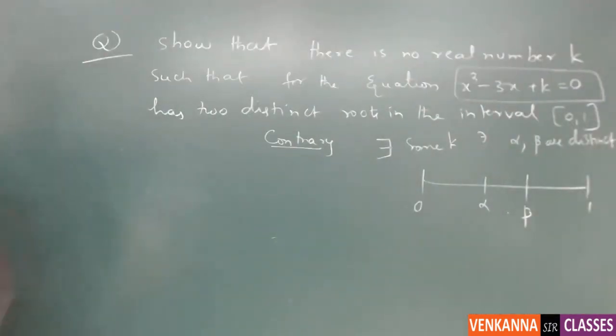Let us assume that. So I have found a real number k such that if I have calculated the roots of the equation x cube minus 3x plus k equal to 0, I got 2 distinct roots, let us say alpha and beta, where alpha is smaller, beta is bigger, and these 2 roots are lying between 0 and 1. Now let us apply Rolle's theorem for the given function.